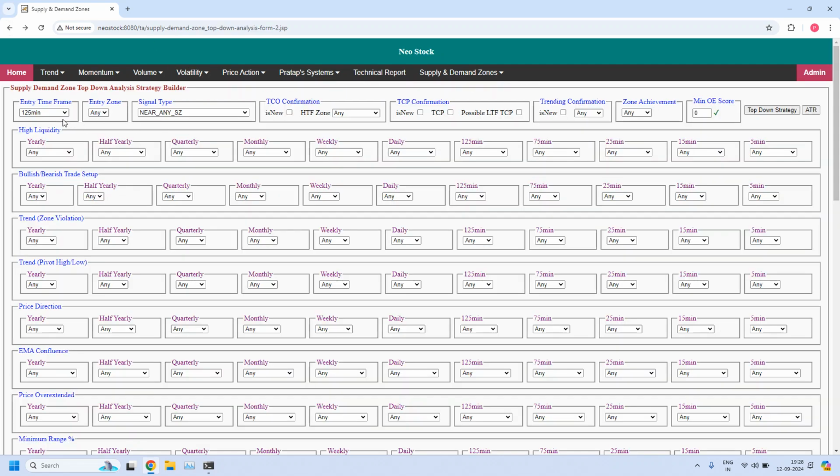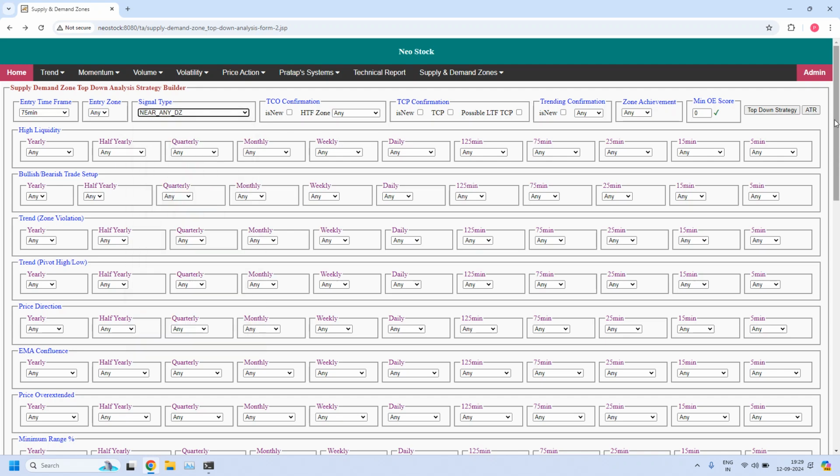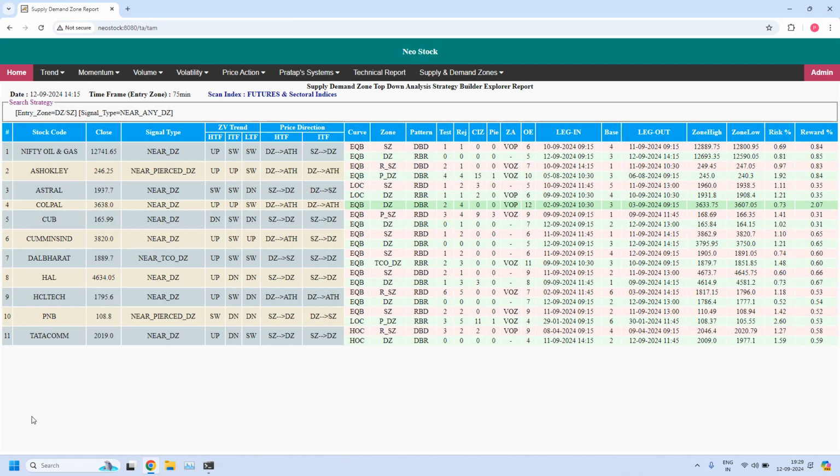Next time frame is 75 minutes. So entry time frame is 75 minutes. Let us find the stocks near 75 minutes demand zone. 11 stocks are filtered. Let us identify any high liquidity 75 minutes demand zone from this list.